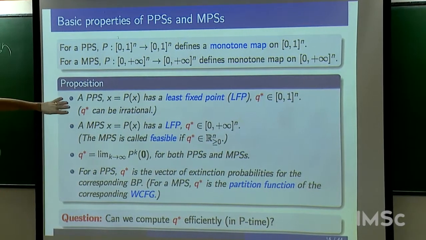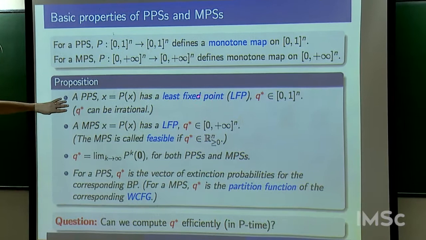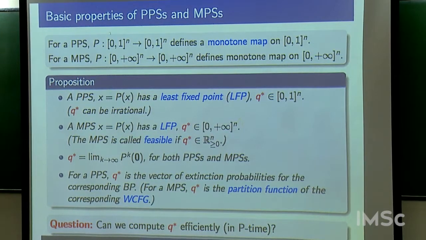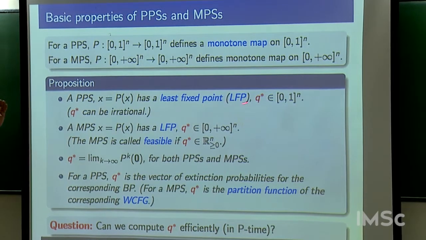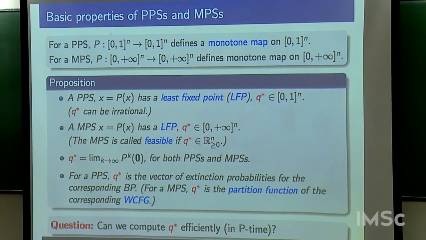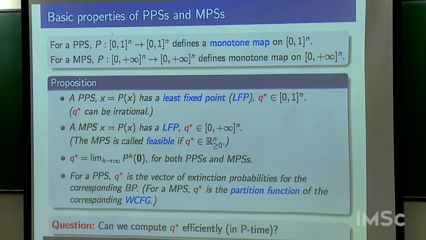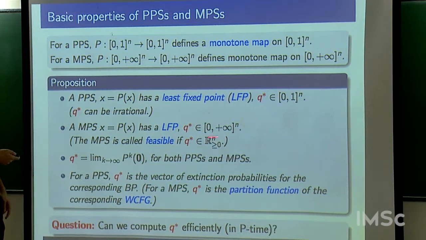And here are some basic facts. A probabilistic polynomial system always has a least fixed point. This follows from Tarski's fixed point theorem. In other words, it always has a fixed point which is coordinate-wise less than or equal to any other fixed point. And the coordinates can, of course, be irrational. And a monotone polynomial system has a least fixed point, but now some coordinates might be infinity.